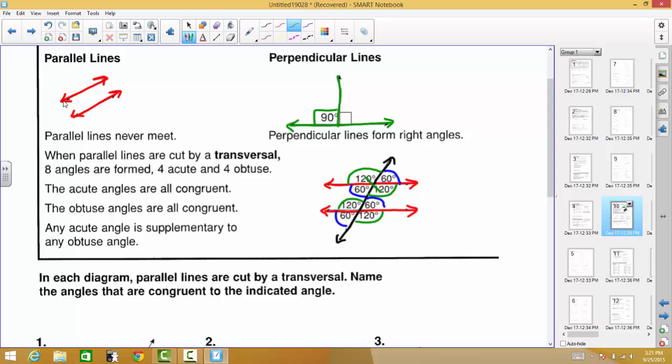There's some special words for these congruent angles, not only vertical angles, but this is called corresponding angles.